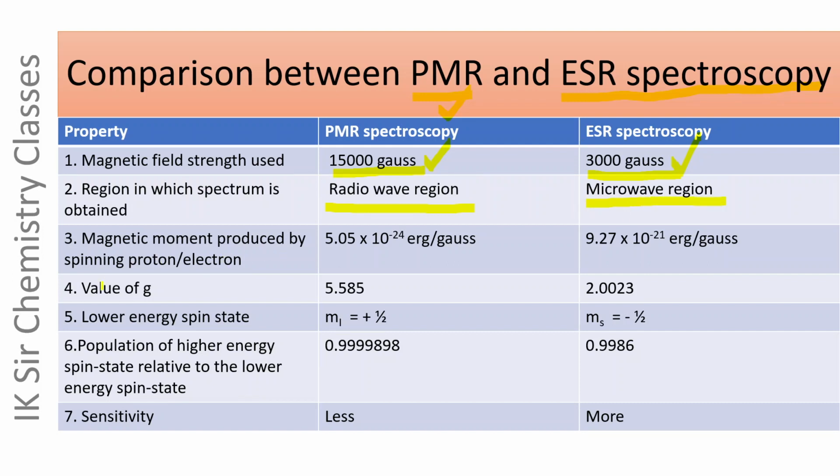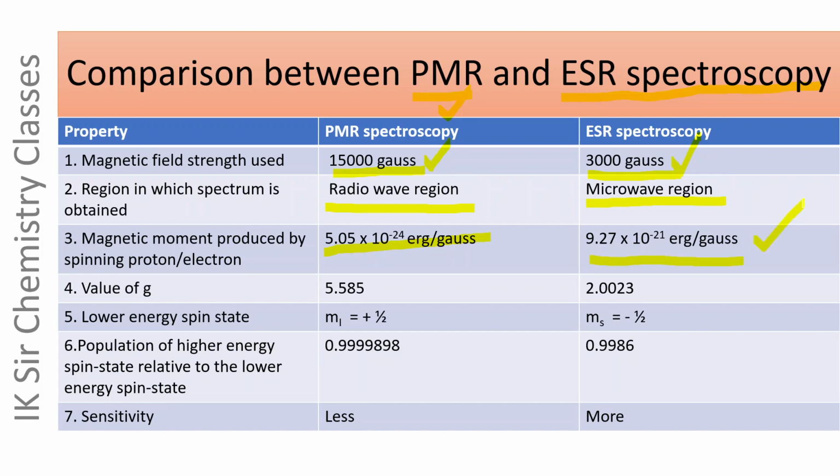Magnetic moment produced by a spinning proton or electron. The spinning proton produces a magnetic moment equal to 5.05 × 10^-24 erg per Gauss, while the magnetic moment produced by a spinning electron is 9.27 × 10^-21 erg per Gauss.